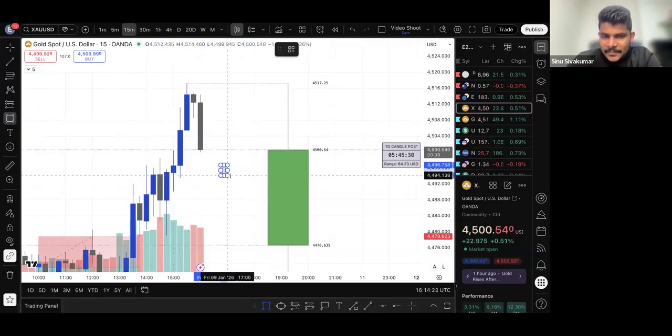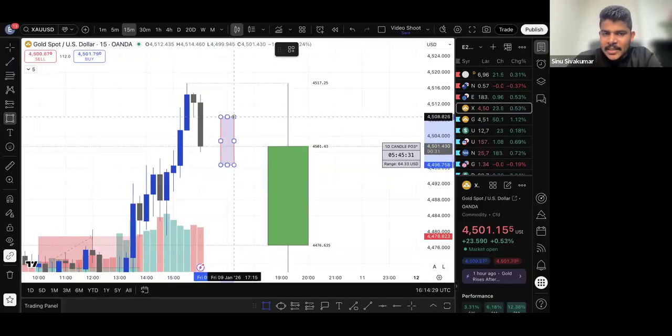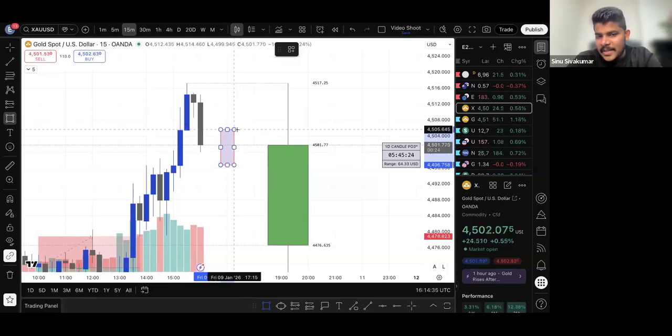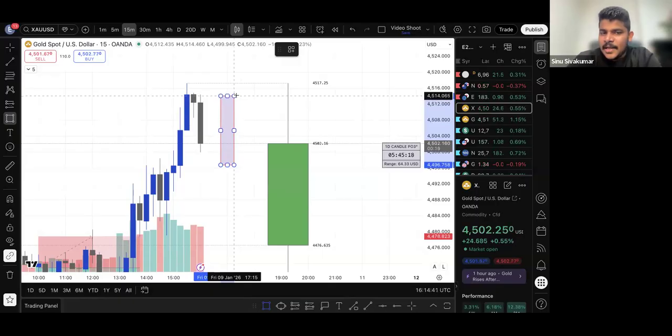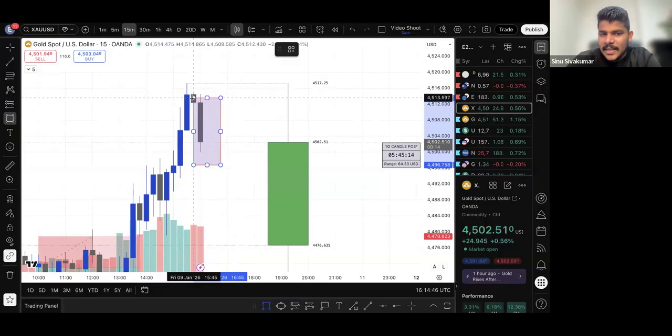Then from this point onwards buyers started pushing, and they pushed the market until here, and some of them booked their profits. The very next candle started from this point and buyers continued to push.